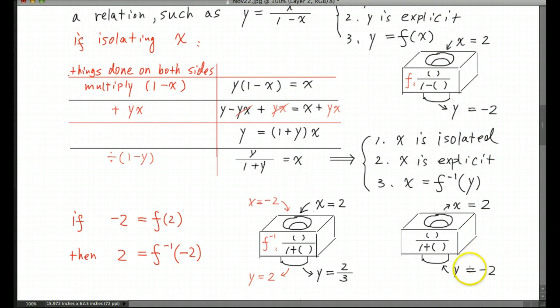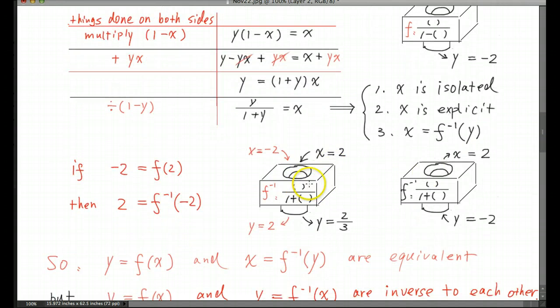Here you just reverse it. You take y as input and then x is output. They have basically the same relation, x and y still have the same relation, but you can see this actually gets reversed. So this is actually the f negative 1 relation.